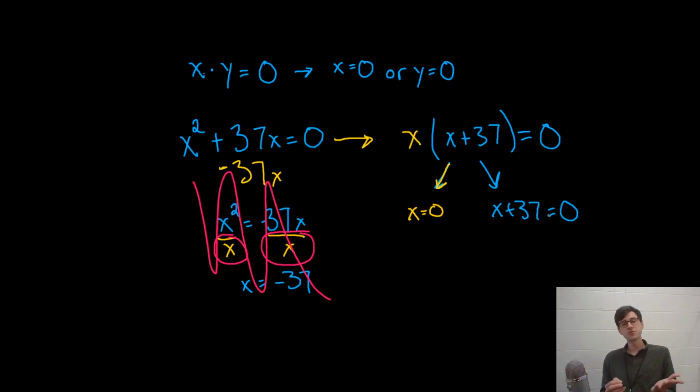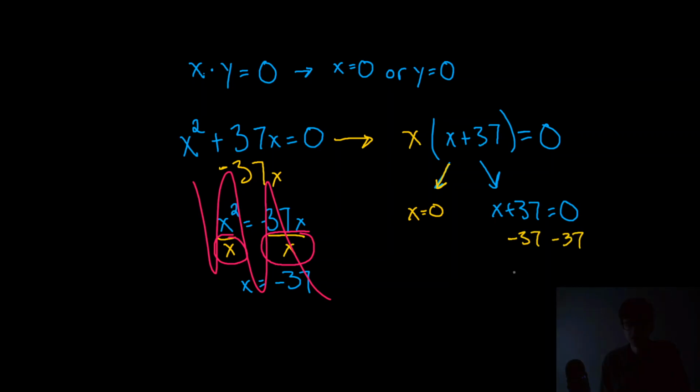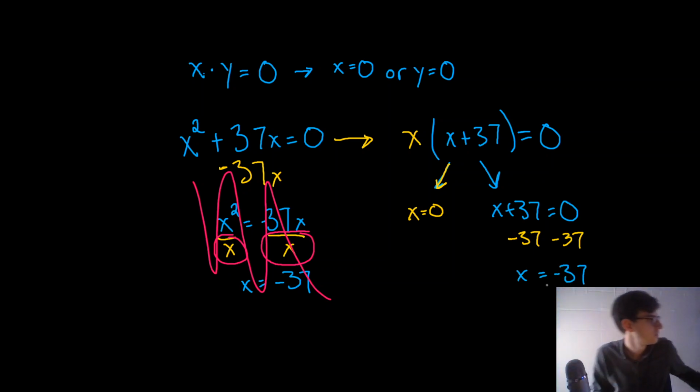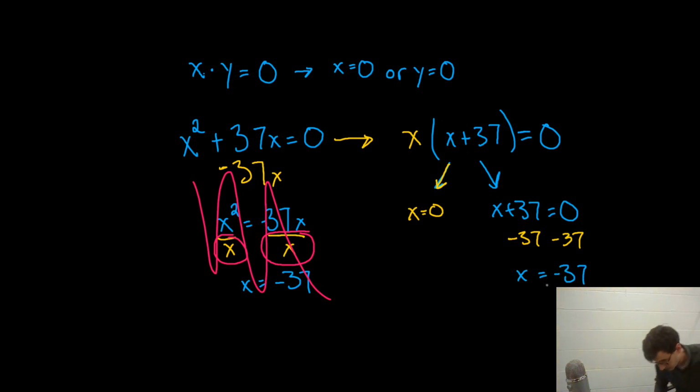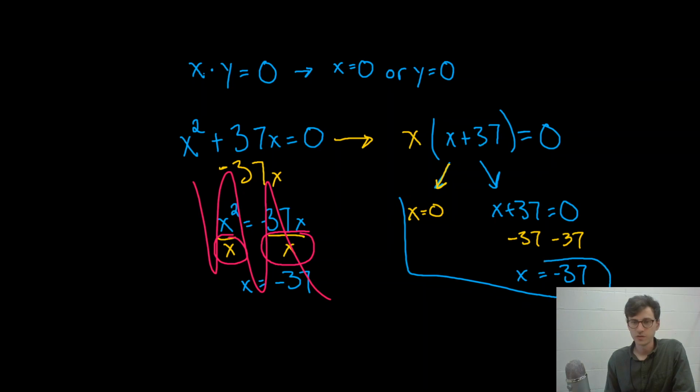Those are my two options, right? And so x is 0, that's already solved, which is kind of nice. Subtract 37 on both sides. x equals negative 37. Ooh, spooky. So then your answer is either x equals 0 or x equals negative 37.